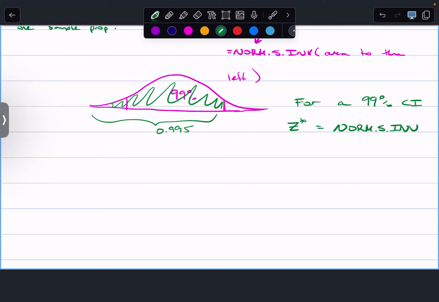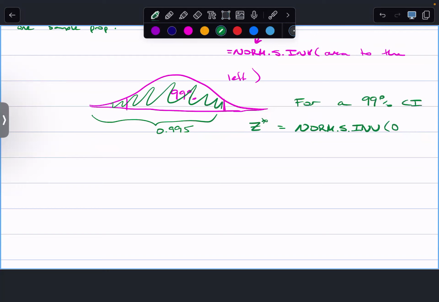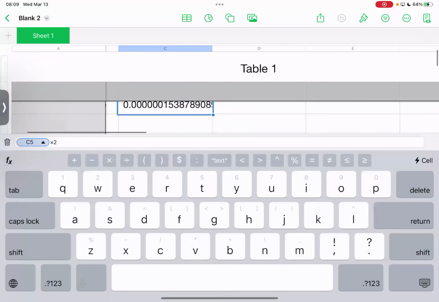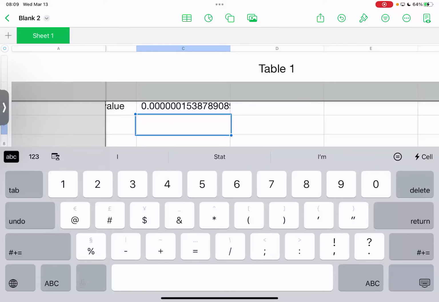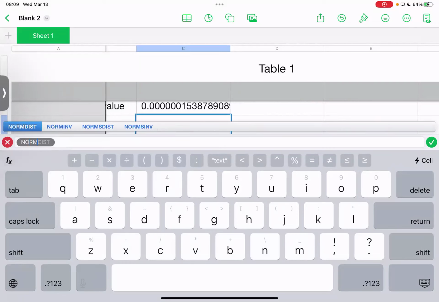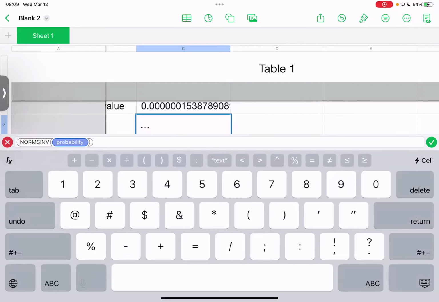We had to memorize it back in my day. In fact, let's try it. Equals NORM.S.INV of 0.995.